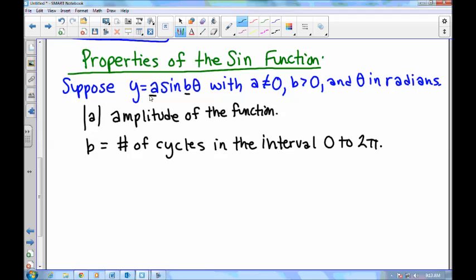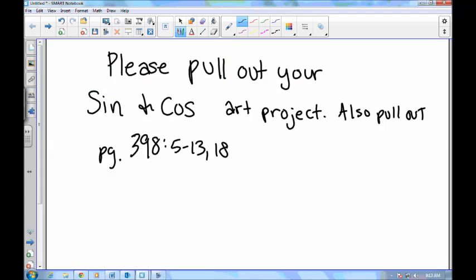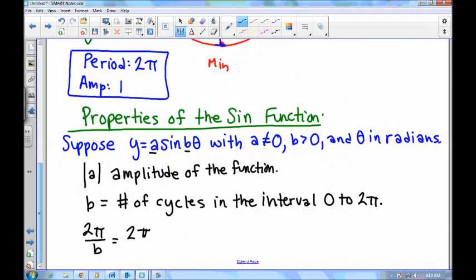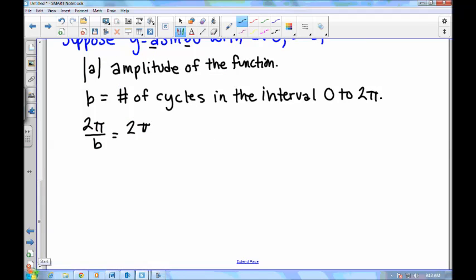And finally, 2 pi divided by B, because remember B is the number of cycles from 0 to 2 pi, tells you the period of the function.